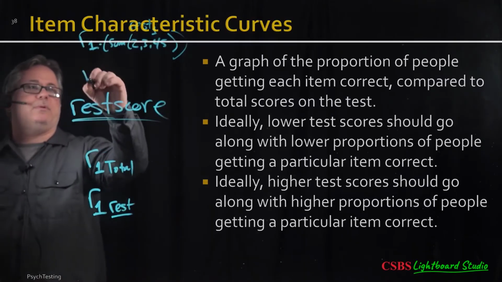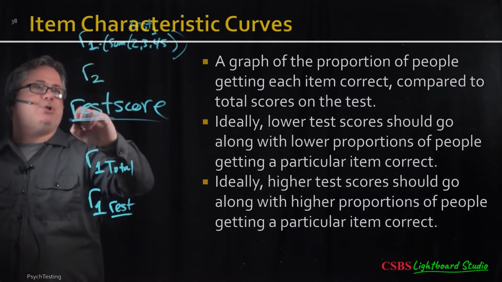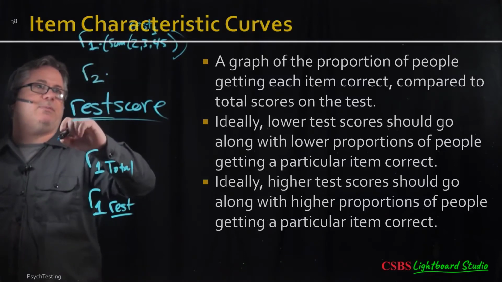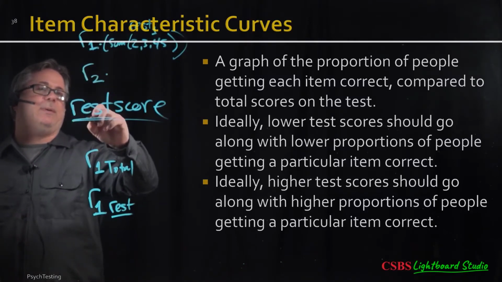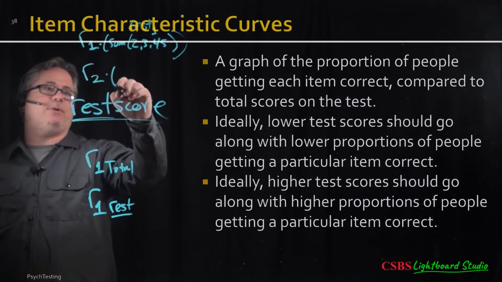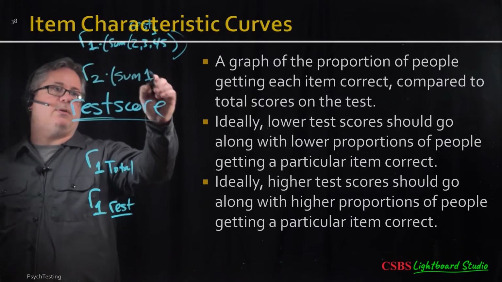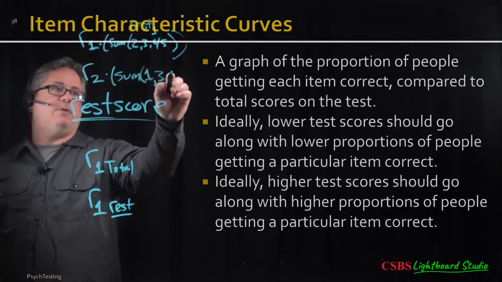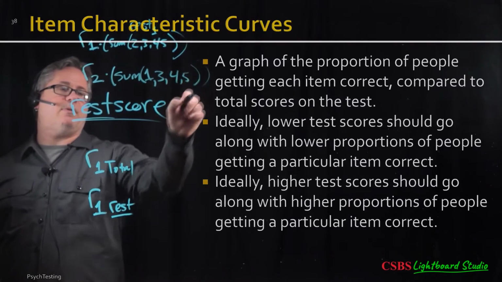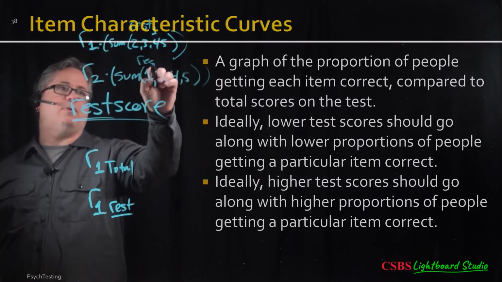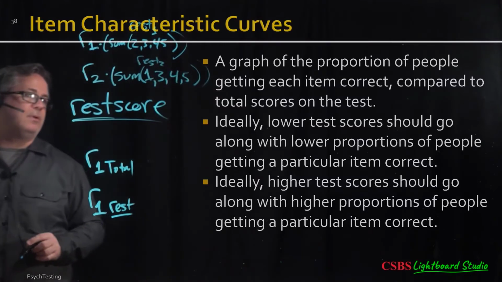Well, let's look at another one down here. So let's say for item number 2 now, I want to correlate item number 2 with the rest score. I'm going to correlate item number 2 with a slightly different score. I'm not going to sum up item 2, I'm going to sum up items 1, 3, 4, and 5. And this is the rest score for item number 2. All right?